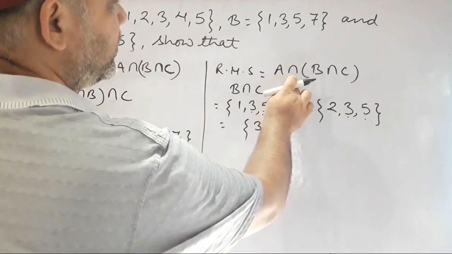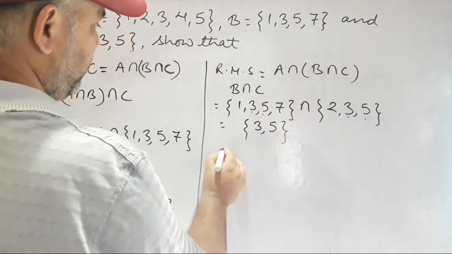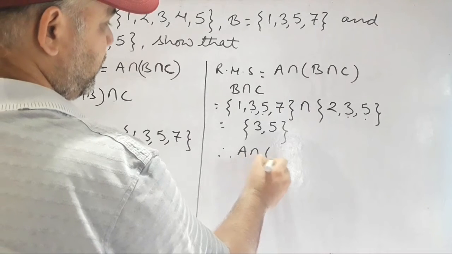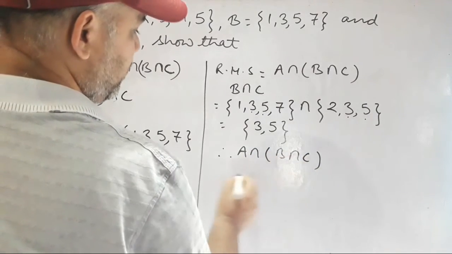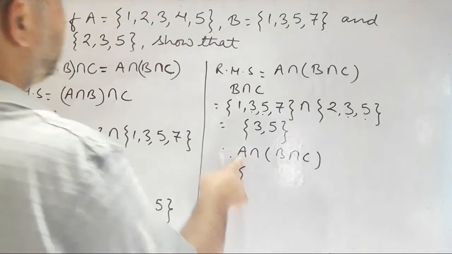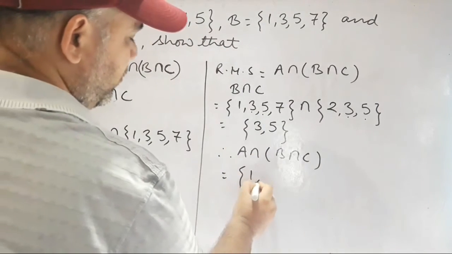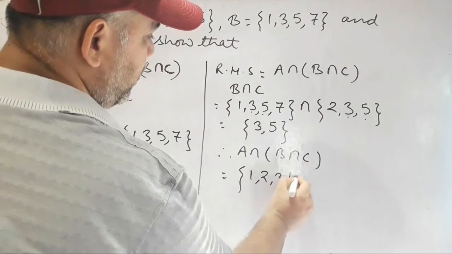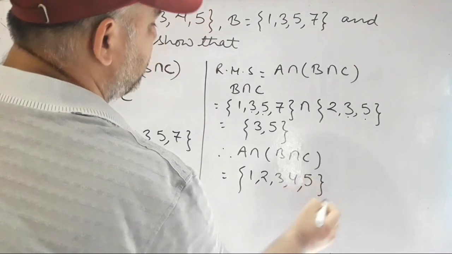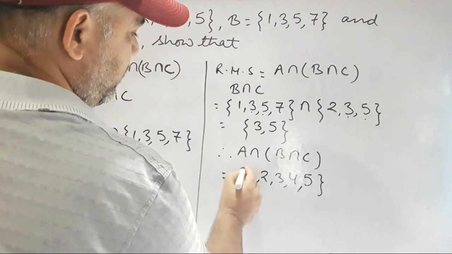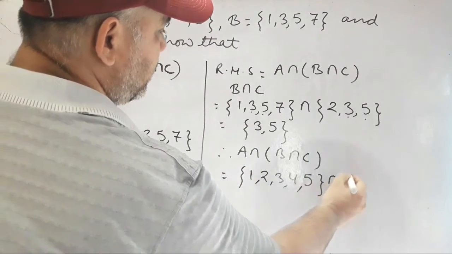Now A intersection (B intersection C). The elements of A are 1, 2, 3, 4, 5. Intersection.